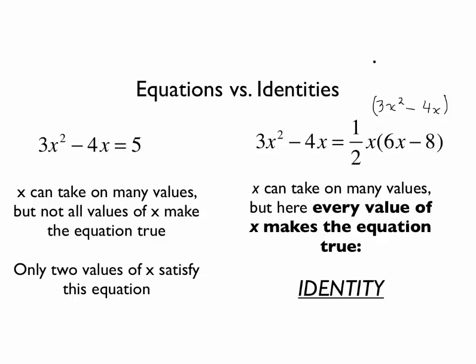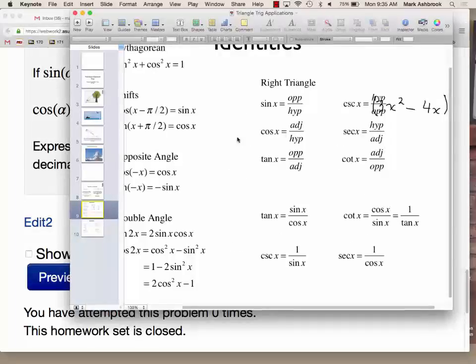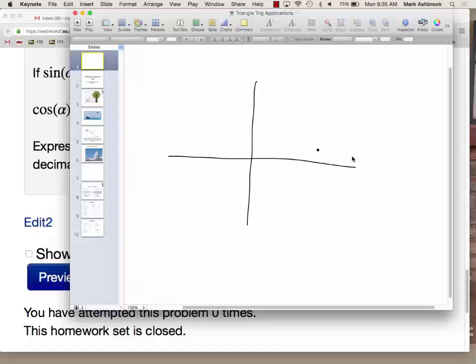An identity, any value of the variable that you pick makes it true. Okay, so here's an example. The most common identity is this. So we got our circle here.